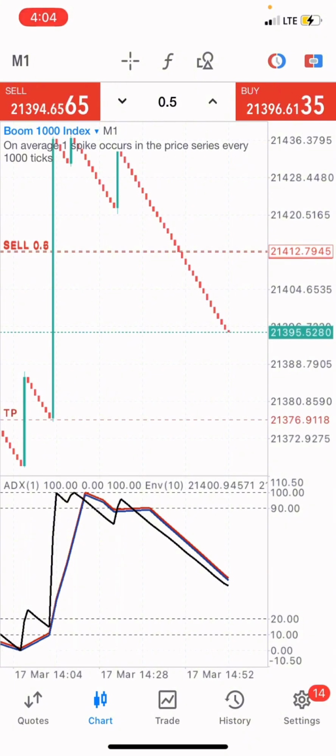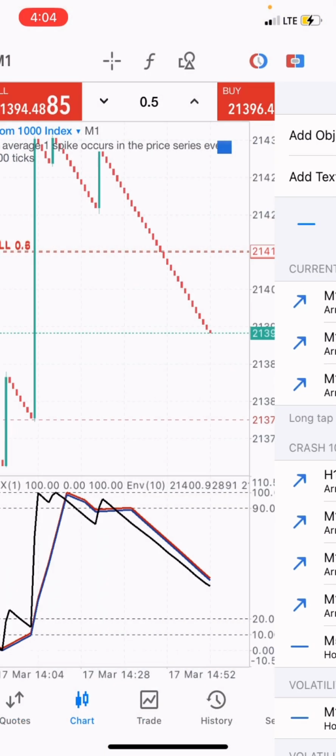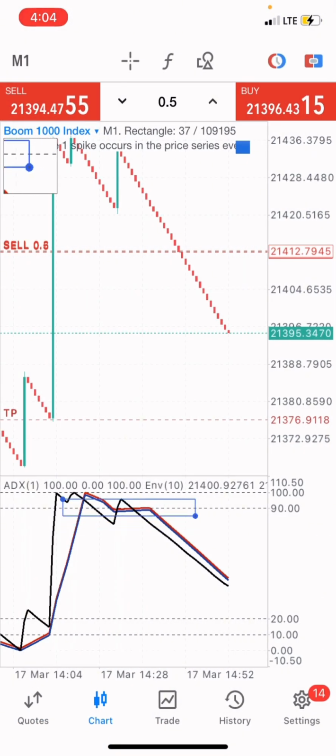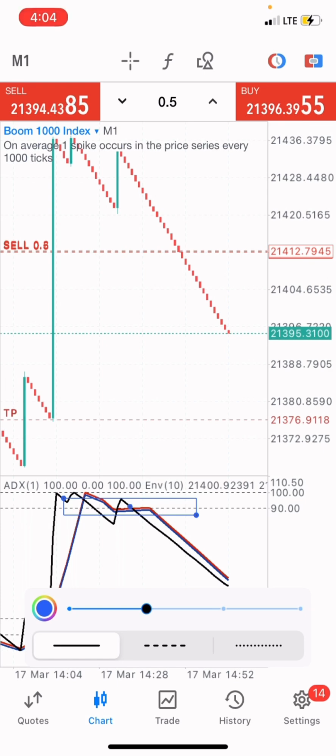So I'm going to share it with you, but after seeing the bearish candlestick on the 15 minutes time frame, I quickly came to the 1 minute time frame to see that my indicators all converge on this level. All right, this is my ADX and my envelopes. These are indicators that spot trends. They will help you detect the trend of the market.